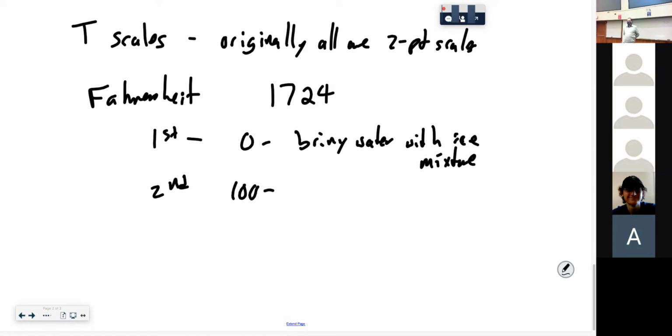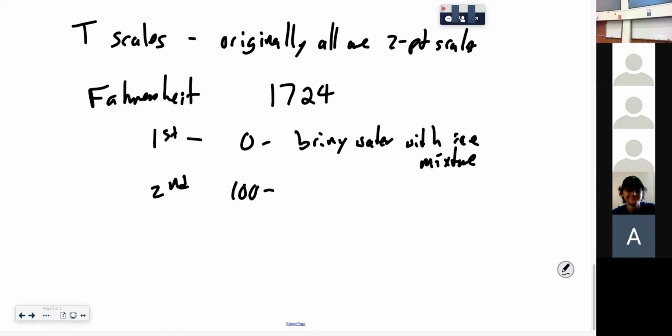It's not the boiling point of briny water. That's a good guess. The boiling point of regular water is like 212, right? So this is way below that. What's about 100? Body temperature? It's basically body temperature, although apparently we're 98.6, right?